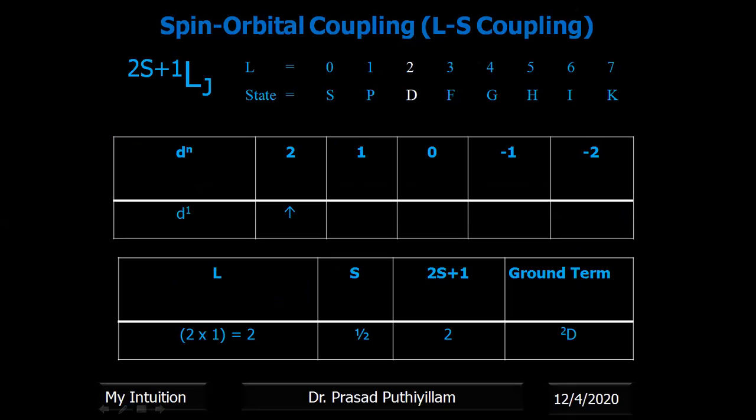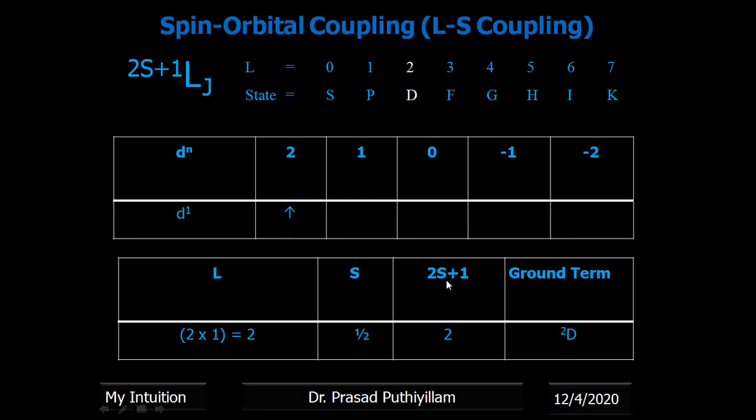Okay, so for d1 electron or d1 system, the possible L values we write as 2, 1, 0, minus 1 and minus 2. Only one electron is present. Therefore, the resultant orbital angular momentum L can be calculated as 2 into 1, that is 2. S value, only one electron is there, therefore only half spin is considered.